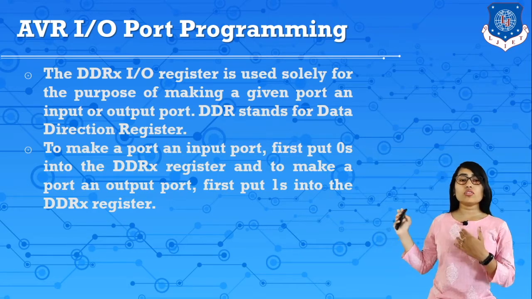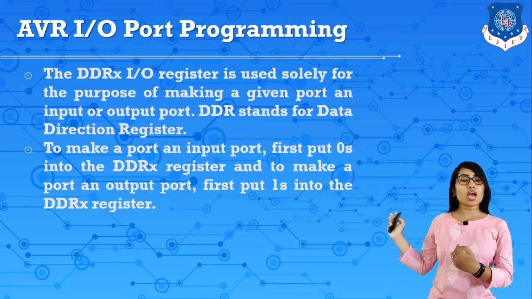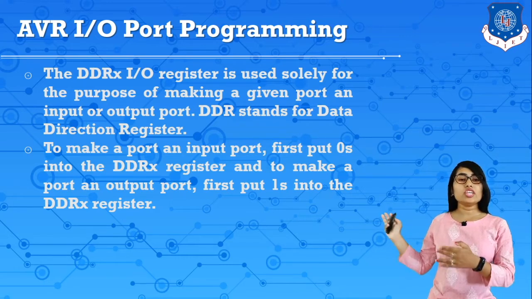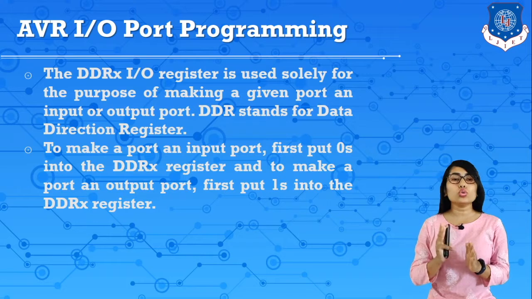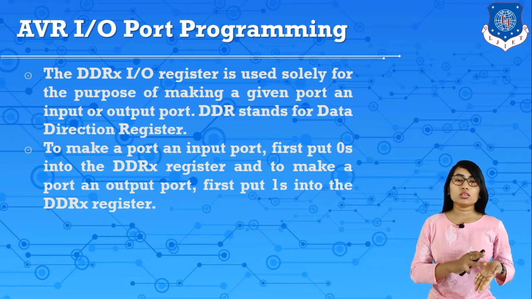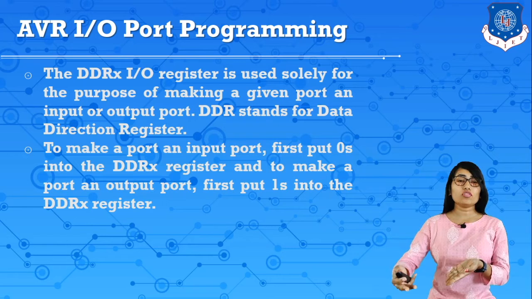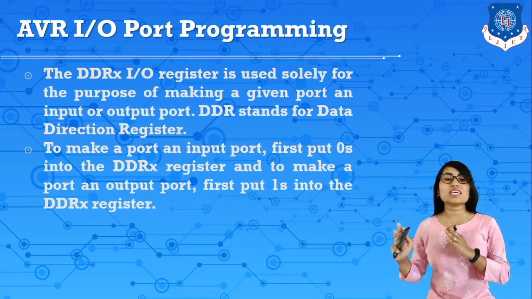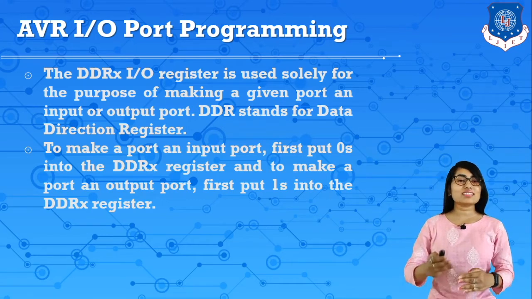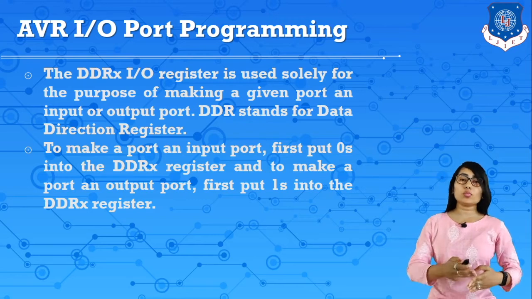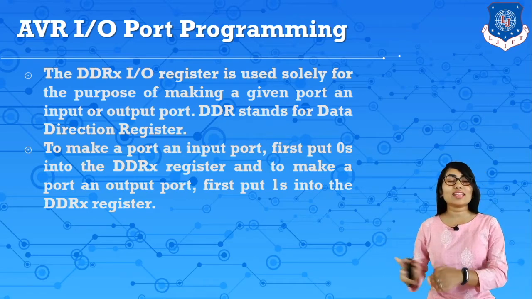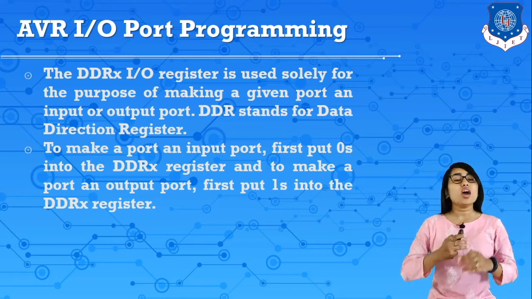And if we have to make a port output, we can do this by putting 1s into the DDRX register, copying the content of DDRX with all bits as 1. So if all bits are 0 in DDRX, the port is an input port, and if all bits are 1 in DDRX, the port is an output port.